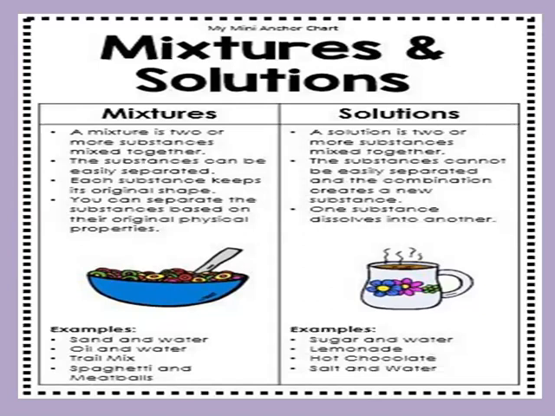We can have 1 to 2 methods of separation on the basis of physical properties of mixtures. But for solutions, more than 2 methods of separation are required on the basis of physical properties of solutions.